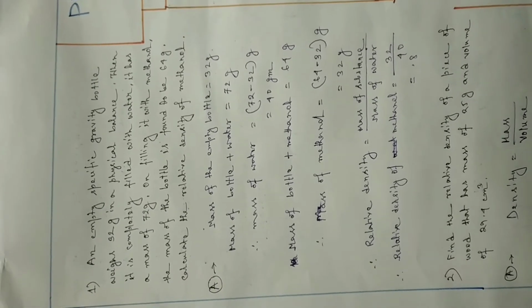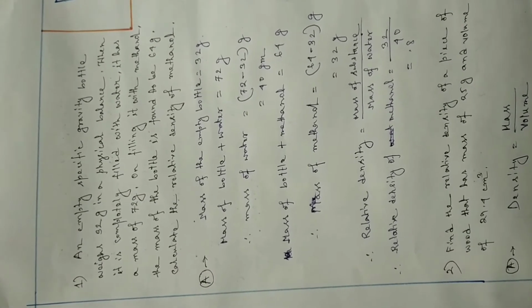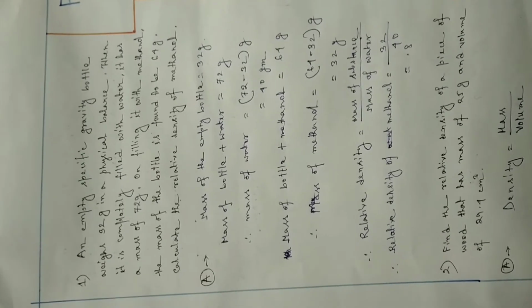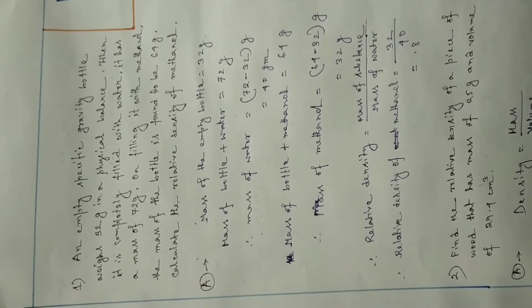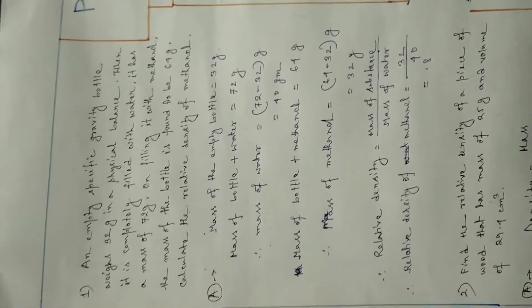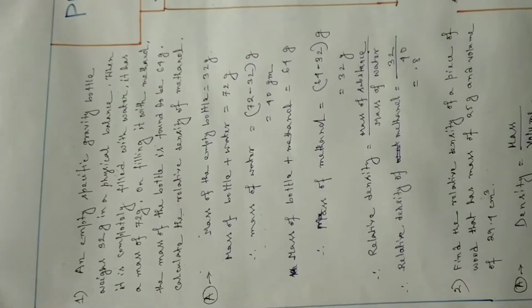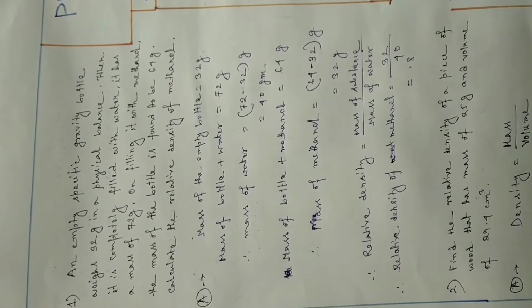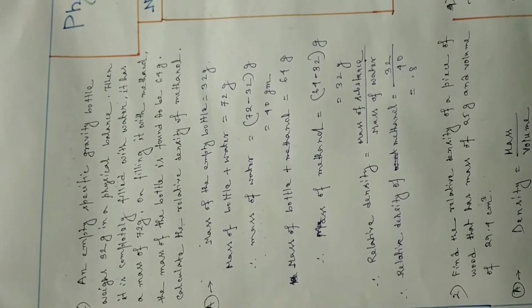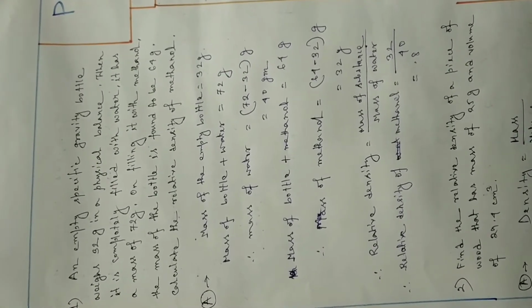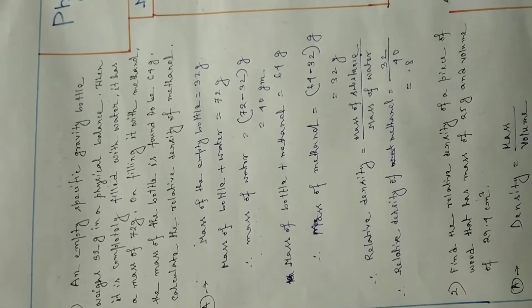Calculate the relative density of the methanol. That means the ratio between the density of methanol and the density of water at 4 degrees centigrade.